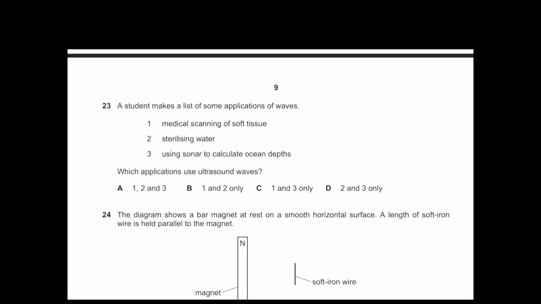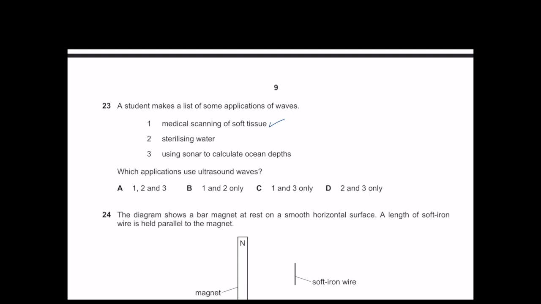Ultrasound waves are usually used in medical scanning of soft tissue. Yes, this is correct. With ultrasound, we can see, for example, the size of the baby inside the mother's abdomen, and it's very safe. And also, no, sterilizing water here is not for that.